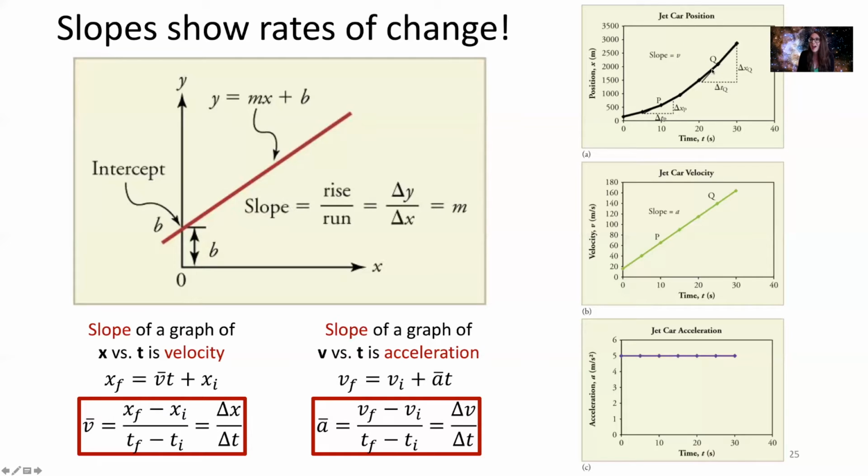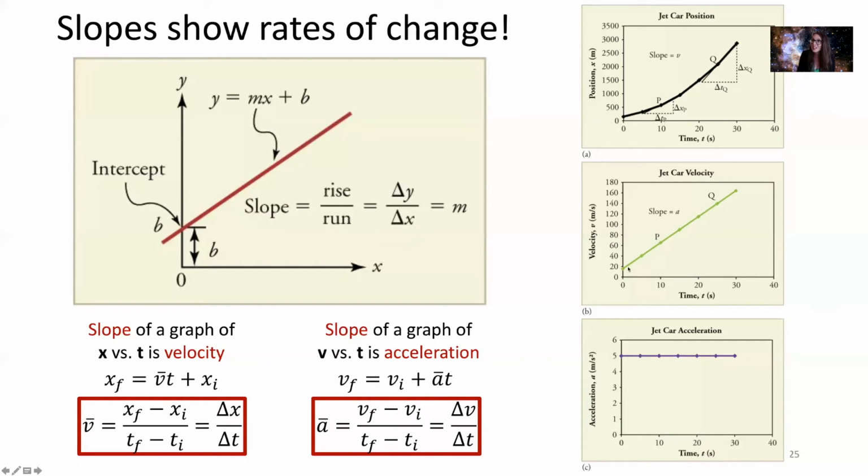Then we take that velocity, which was the slope of this line, and we can plot it down here. We see that that velocity is not constant, which means that the slopes of these lines were not constant. Over time, the slopes of this line increased, which means that the velocity must also be increasing.